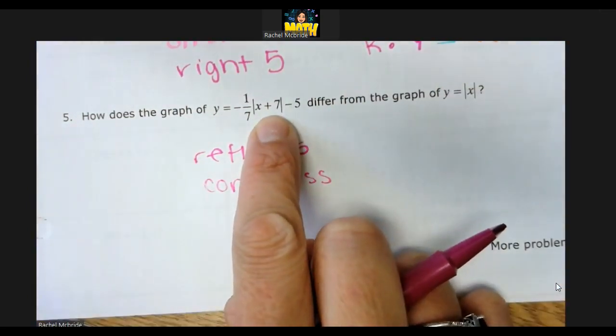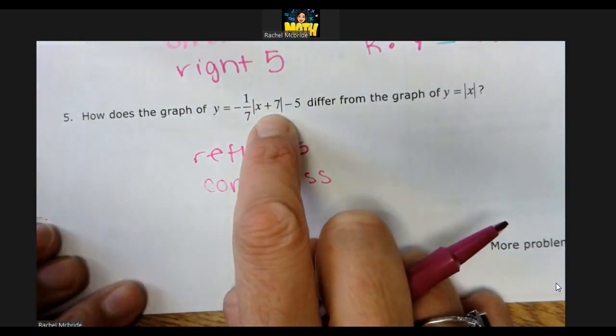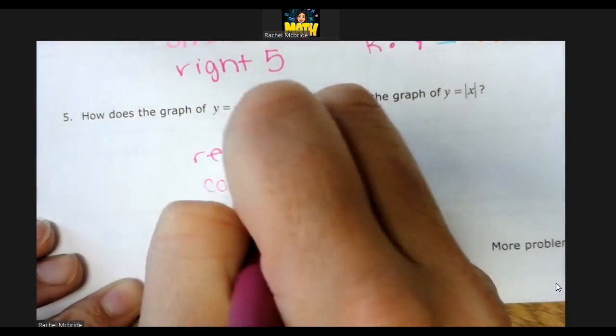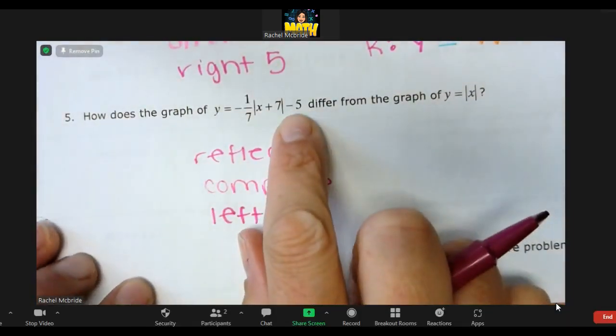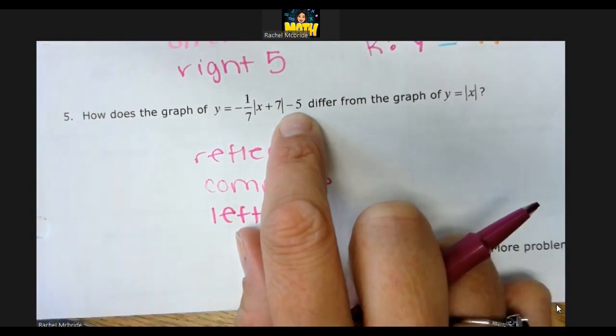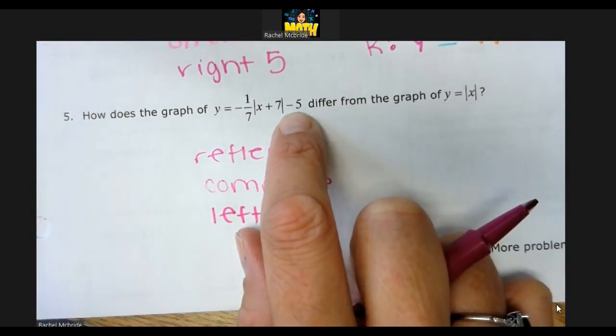A positive 7 moves my graph in what direction? All right, -5 pushes my graph where?